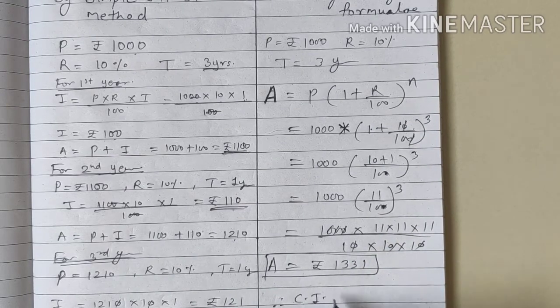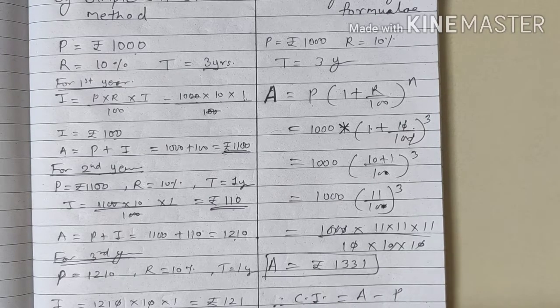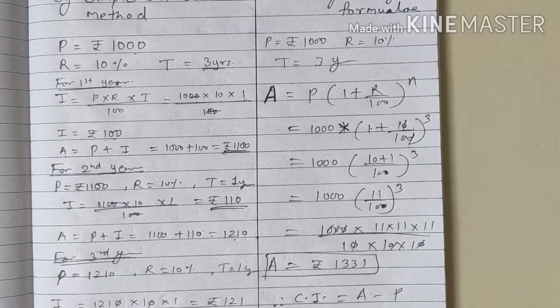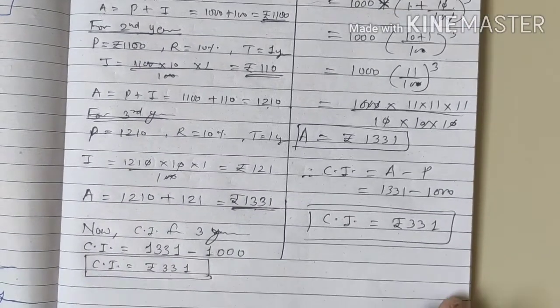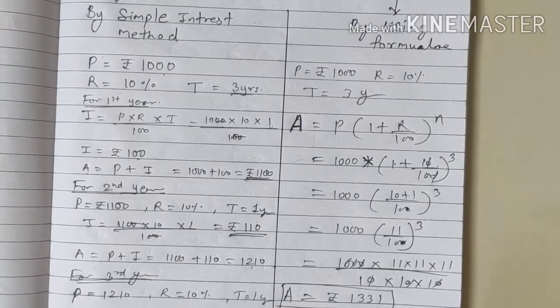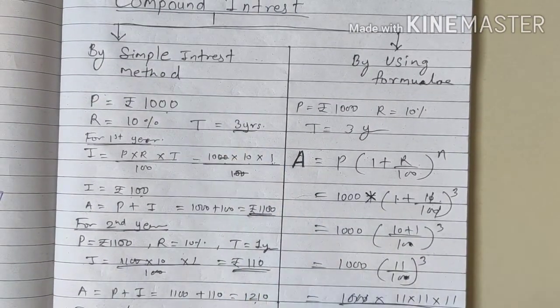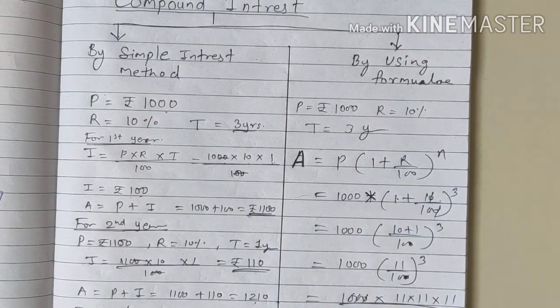Therefore the compound interest will be amount minus principal. The amount is 1331 minus the principal 1000, so the compound interest for all 3 years is rupees 331. Understood, everyone? So this is the difference between the simple interest method and the formula method.